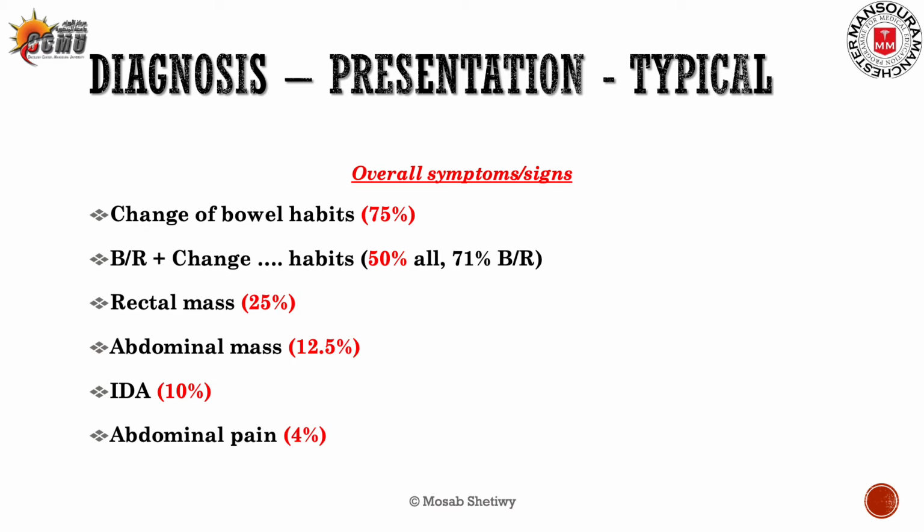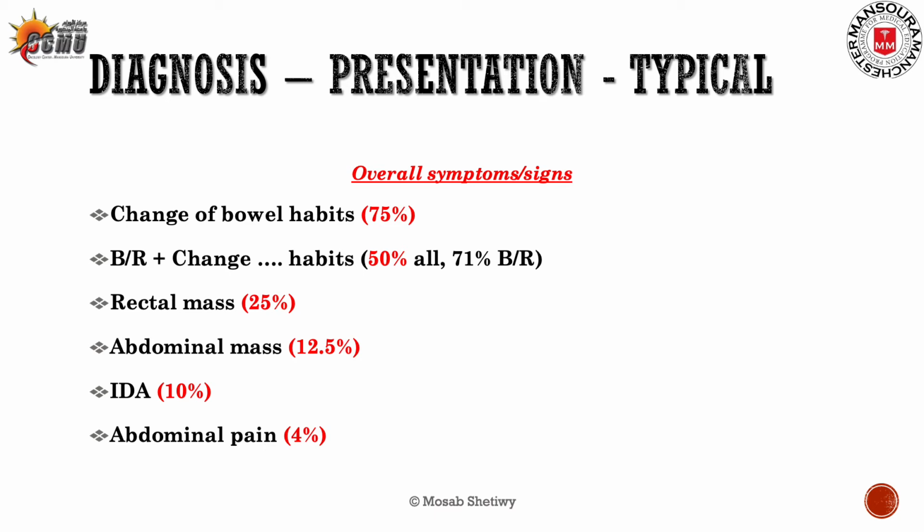Rectal mass is commonly seen in rectal carcinoma, and that is in about 1/4 of the patients. 1/8 of the patients will present with abdominal mass, so it's an uncommon finding, so don't expect on examination of a patient with colorectal cancer to find an abdominal mass, because its incidence is about 10% or 12%.